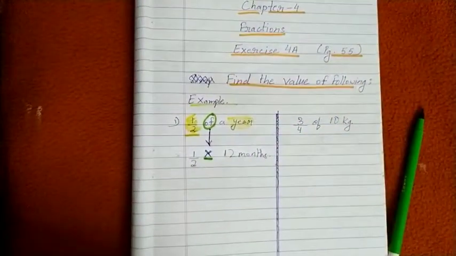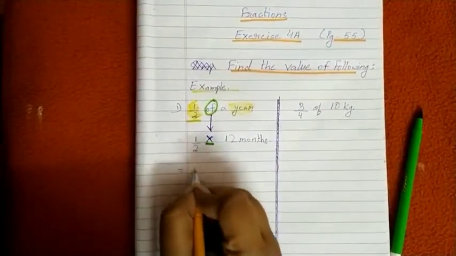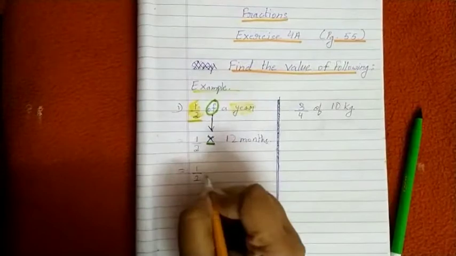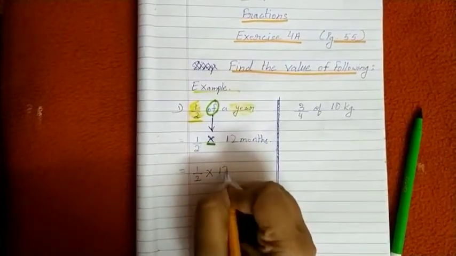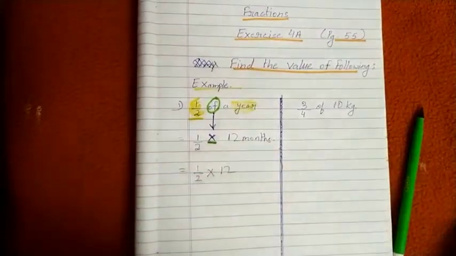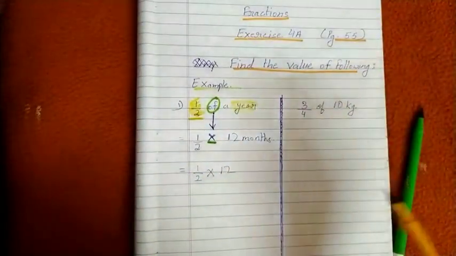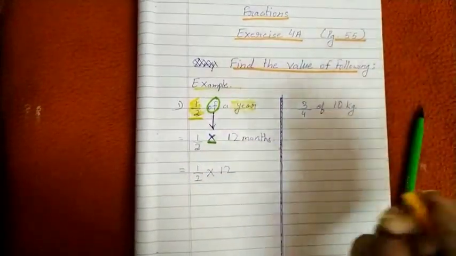Now this much is clear. In the next step, children, again I'll copy 1/2 into 12. Now how are we going to do it? Simple, children. Here I am not going to confuse you very much. There are two ways of doing it.